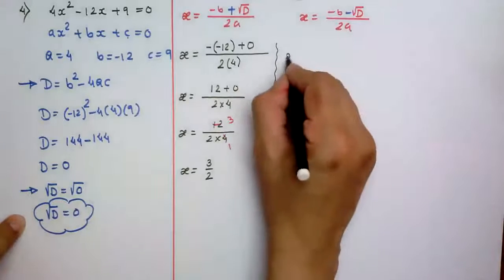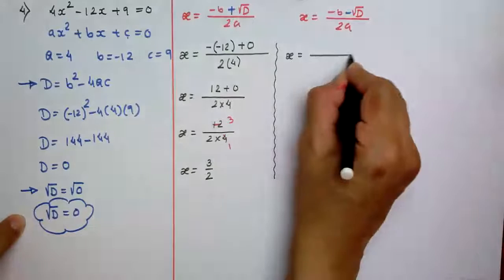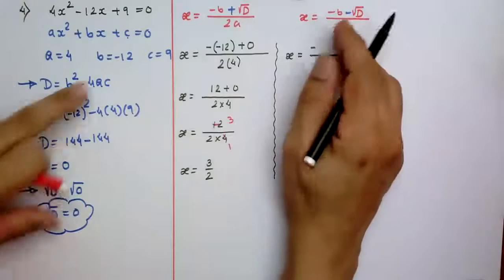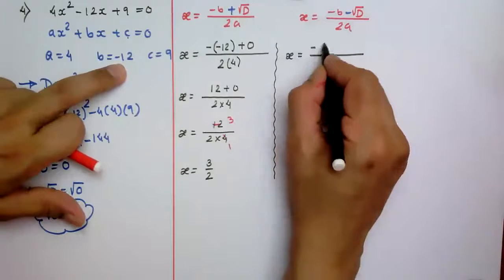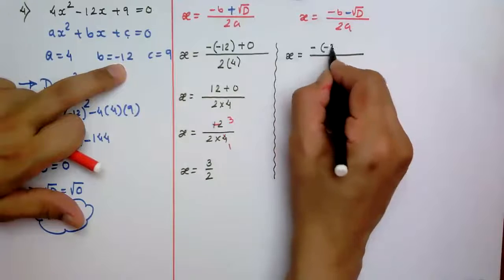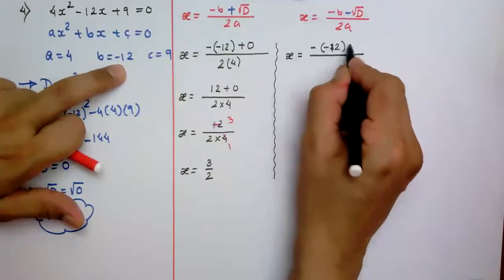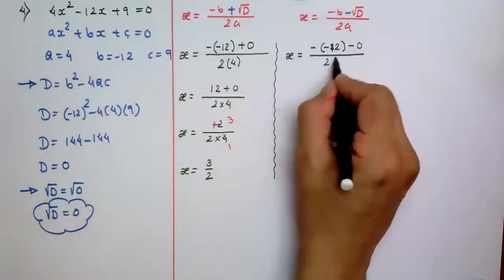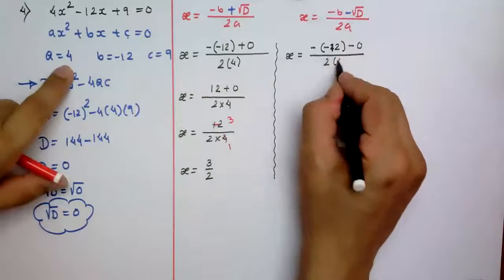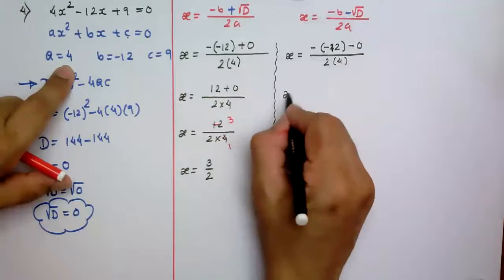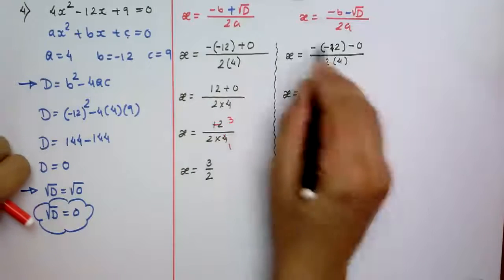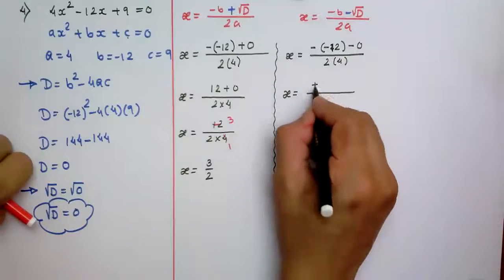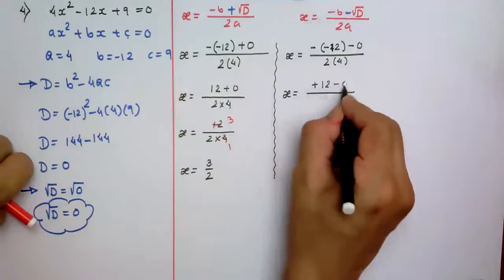Second, x is equal to minus, and b itself has negative value, minus 12, minus square root of d is 0. 2 times a is 4. This minus minus becomes plus 12 minus 0.